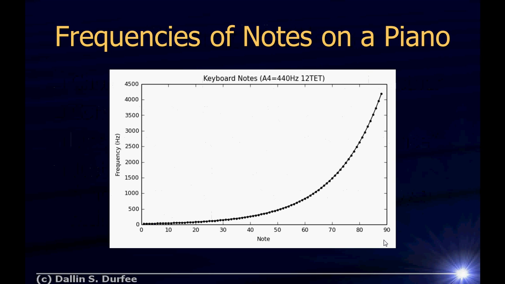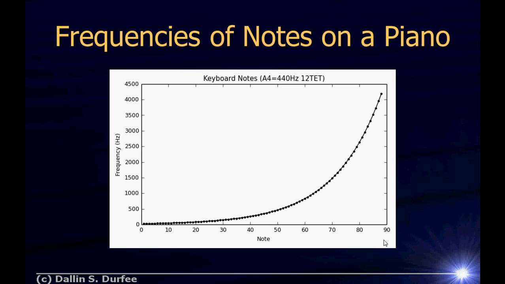But first, I want to point out that we hear pitch logarithmically. Previously, we mentioned that we hear the intensity of sounds logarithmically, but it also turns out that we hear frequency logarithmically. If you plot the frequency of all of the notes on a piano keyboard tuned to equal temperament tuning, those frequencies as a function of note, they're not linear.